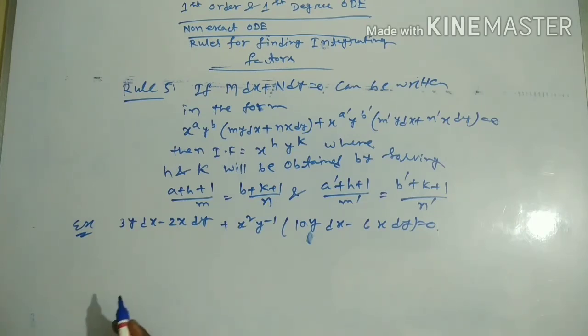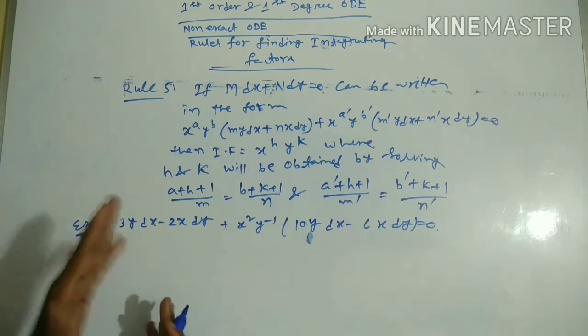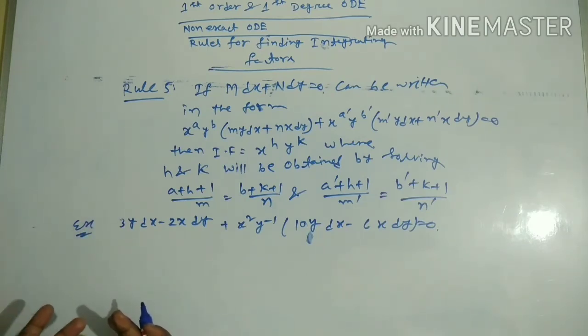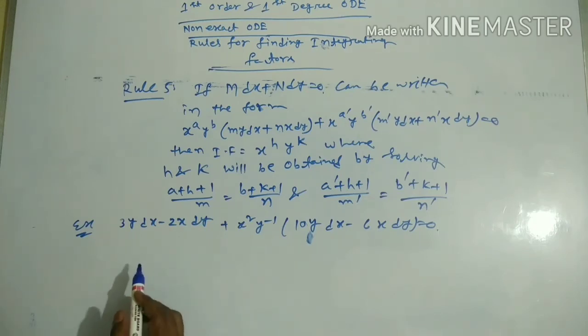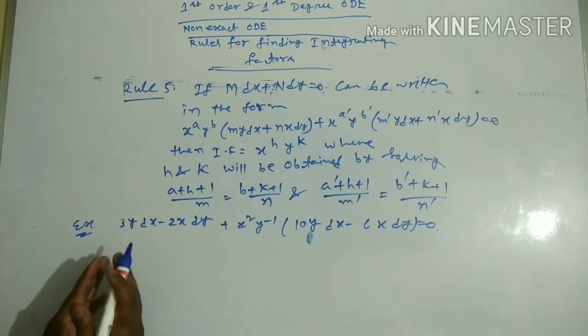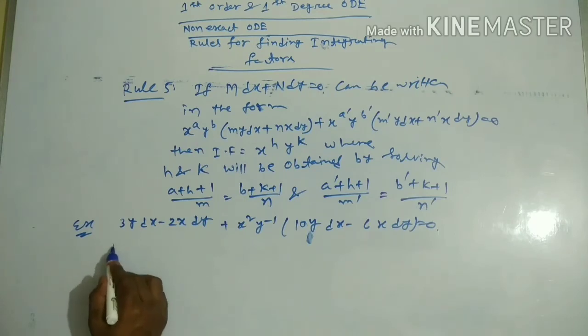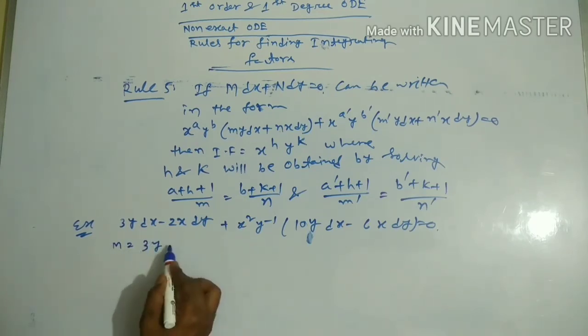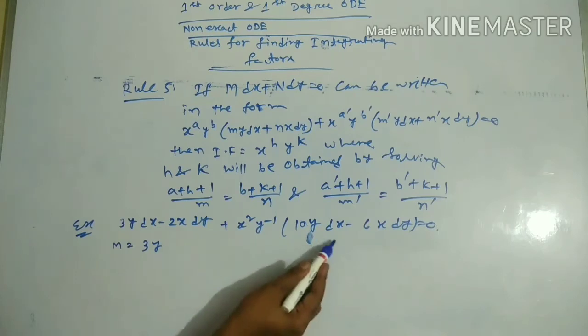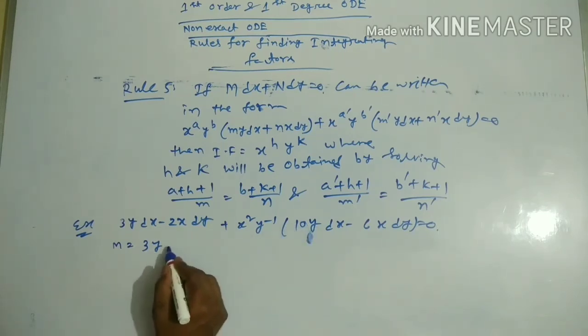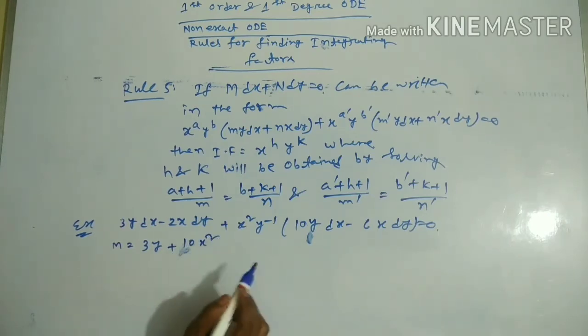Okay, now this equation is already given in this form, and we'll first check whether this equation is exact or not. For checking this exactness, we'll have to separate M and N, because M and N are split over the equation. So M will be 3y dx, and this is with dx, so this will be plus 10x².